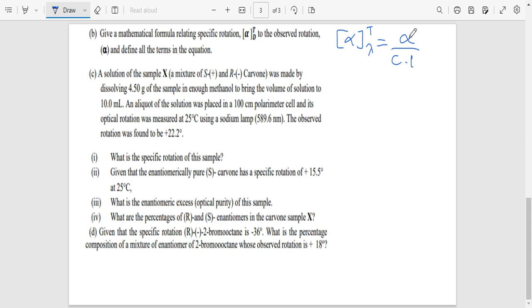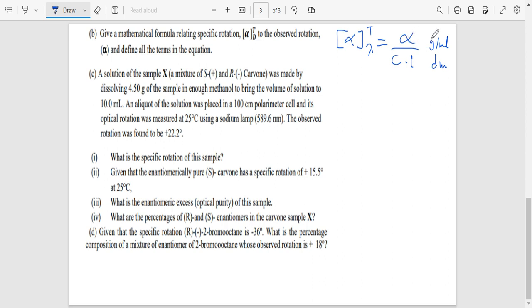So this specific rotation is simply telling us if I put this compound, or let me say this mixture, in a polarimeter, how much is it going to turn? The concentration is the concentration of the mixture that I'm putting in the polarimeter, and it should be in gram per milliliter. The length should always be in decimeter, always.